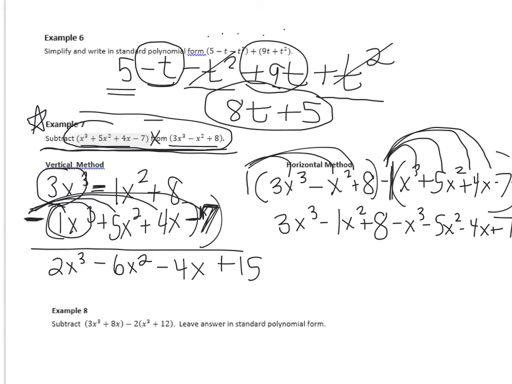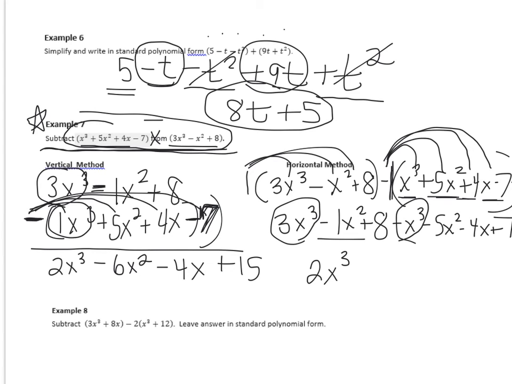So when you're subtracting polynomials, before you combine like terms, make sure you change all the signs in the second set of parentheses to their opposite. And then combine like terms. 3x to the third minus 1x to the third gives you 2x to the third.